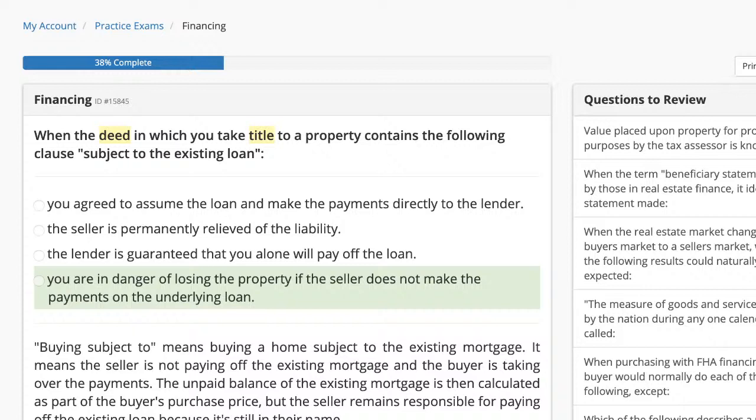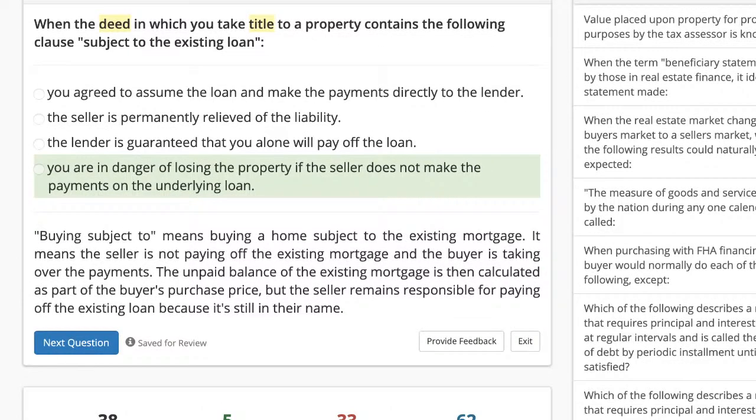Subject to, seller liable. Write that down. Those are some key words that will help you pass that real estate exam. You guys should know.